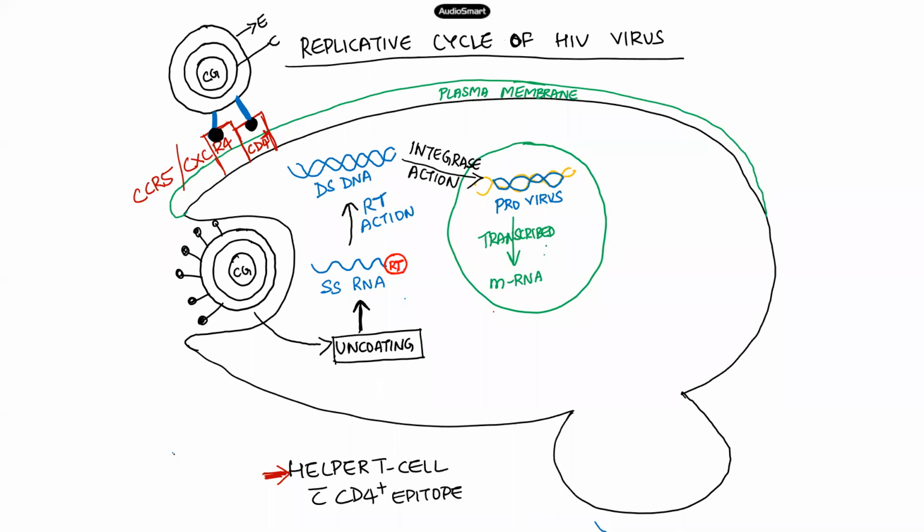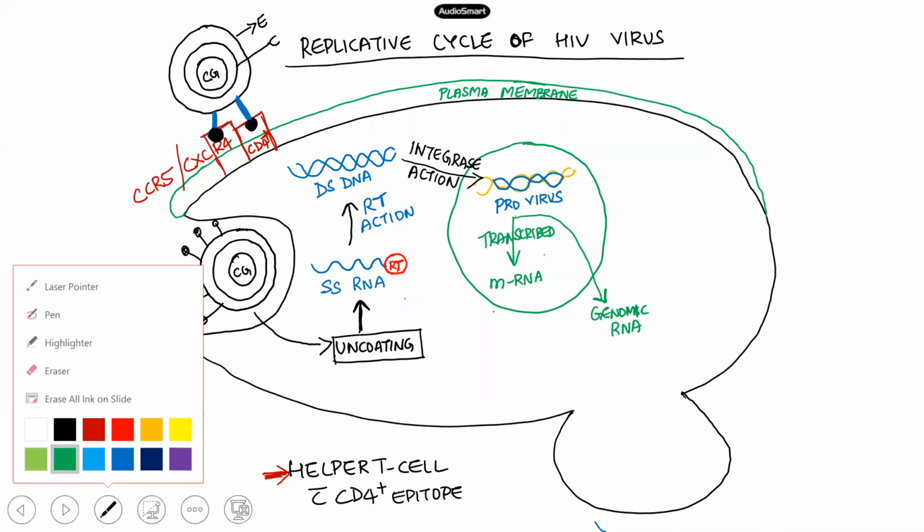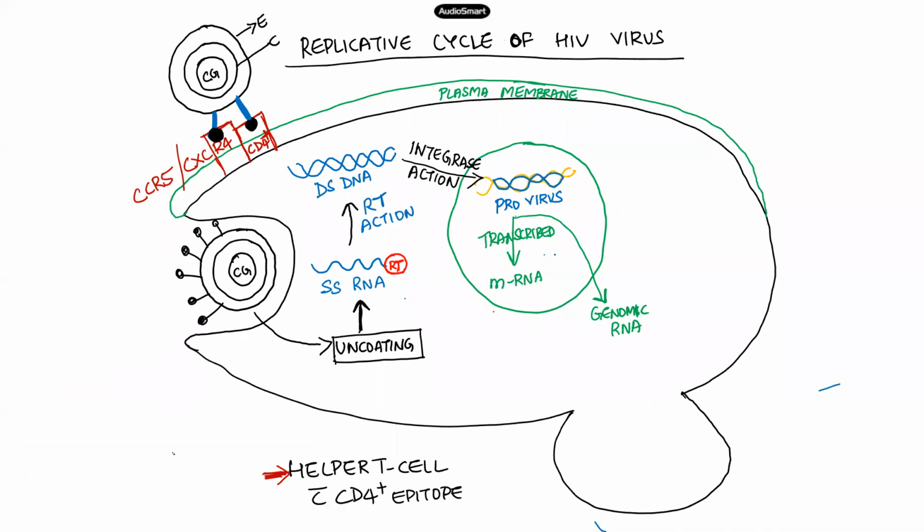And also this can be shifted out as a genomic RNA through other processes, right? Now, this mRNA is now shifted to the host cell ribosomes.